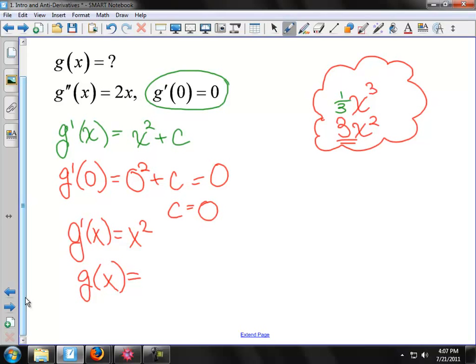If the antiderivative was 1/3 x cubed, then when we took the derivative, we get 1/3 times 3x squared, which is just x squared, which is what we want, right? So our antiderivative is 1/3 x cubed. We've added 1 to the 2, and then we've also divided by that same number. And then, of course, we need to add another constant. Let's call it k this time so we don't get confused with the c we had before. So those are all the possible functions that could be g, given the conditions we started with.